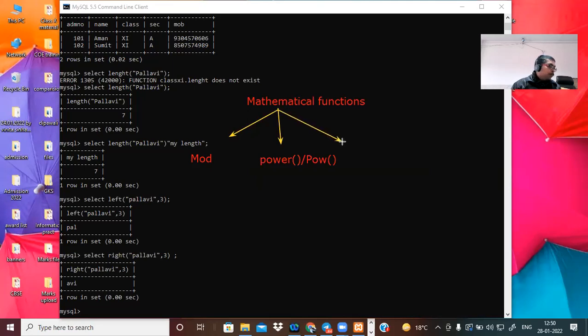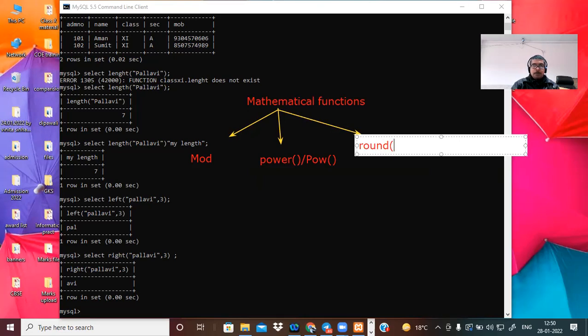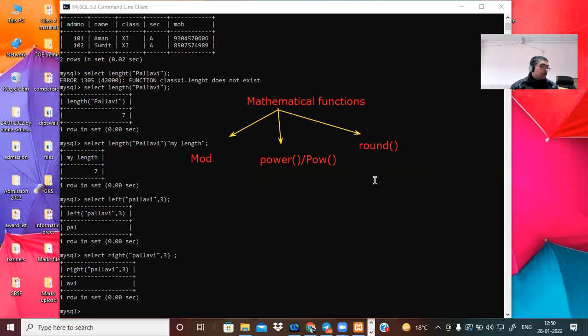After power, we will learn about round. Okay, after this, we will learn about sine.